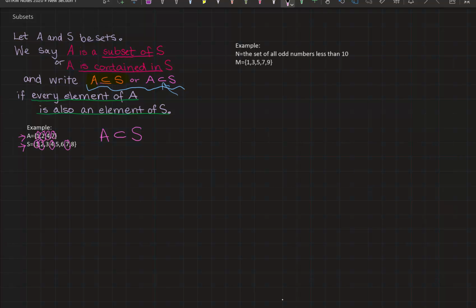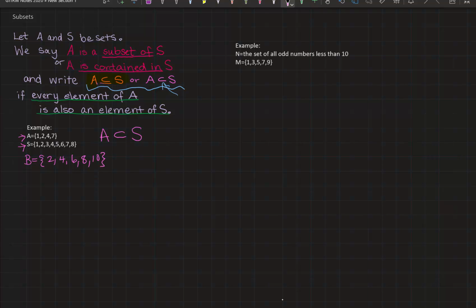Often this is also stated sort of in its negated form. There is nothing in A that isn't in S. Also, if you want to show something is not a subset, you just need to find an element not in S. And that's the example I want to provide with this next. Suppose we had a second set B, and say B was 2, 4, 6, 8, 10.